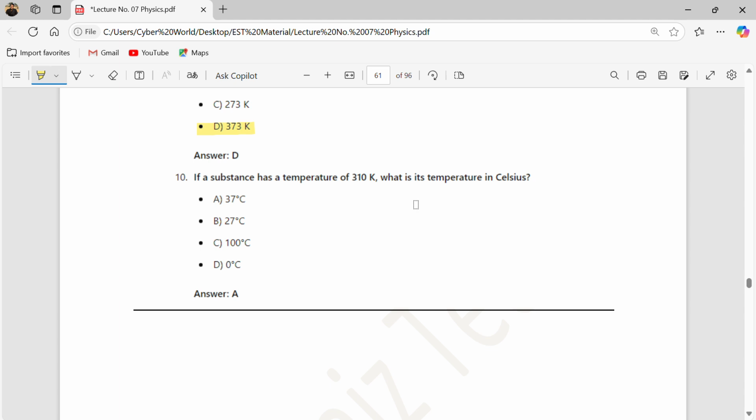What does it become? It becomes 37. The same formula: Kelvin equals Celsius plus 273, so Celsius equals Kelvin minus 273. So 310 minus 273 is 37 degrees Celsius.